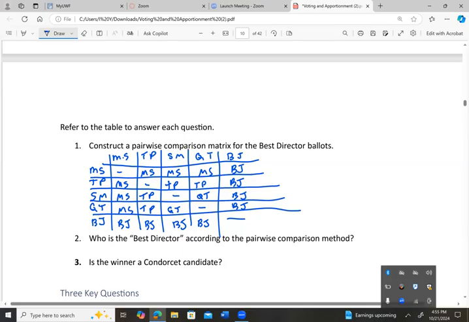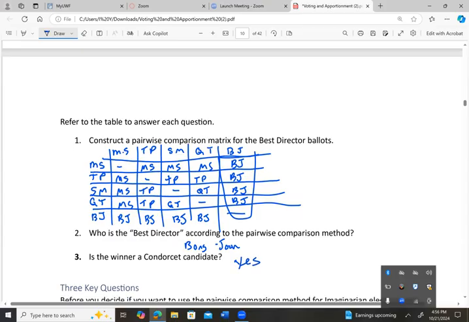So there's our chart. So who's the best director? Well, looks like Bong Joon, because here, he beats everybody. And yes, he is a Condorcet winner.